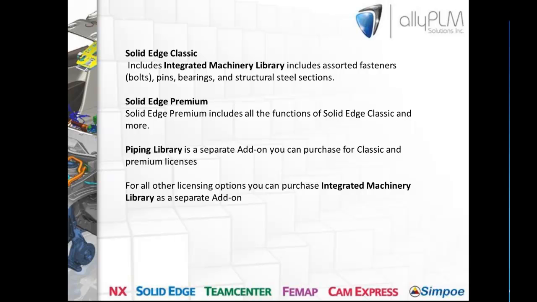But for piping library, you have to. Since it's an add-on, you have to buy piping library on top of your Premium and Classic licenses. But if you have any license other than Classic and Premium, you can always get the machinery library as an add-on.